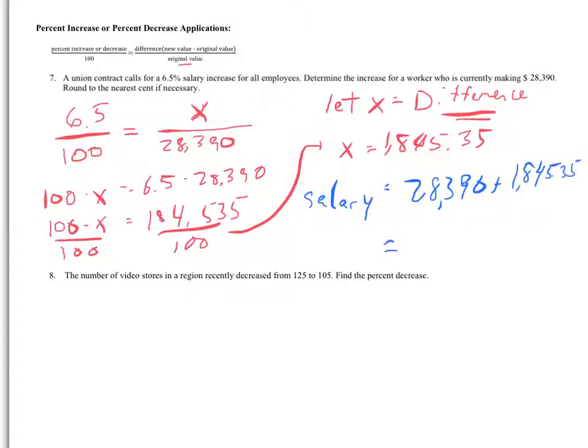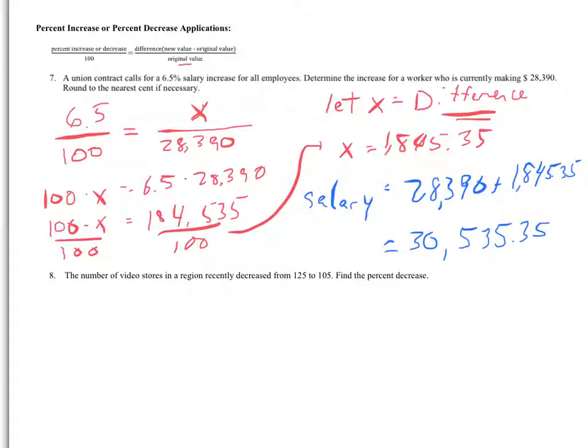So their new salary, if you add those two numbers together, is $30,535.35. In this problem, when we solved our proportion, we ended up with the increase in their salary. So we've got to make sure that we add it onto the previous year's salary.